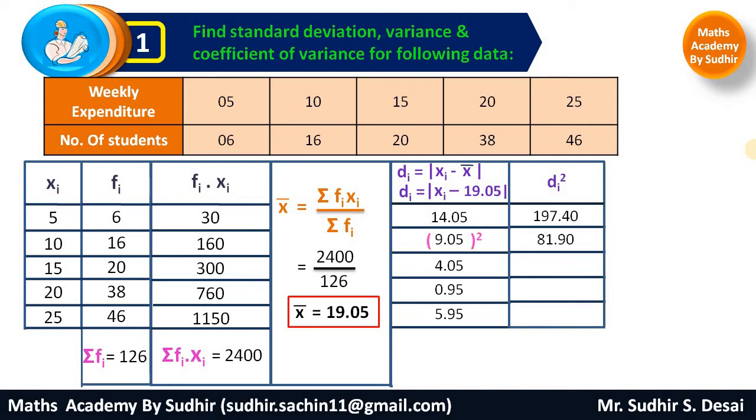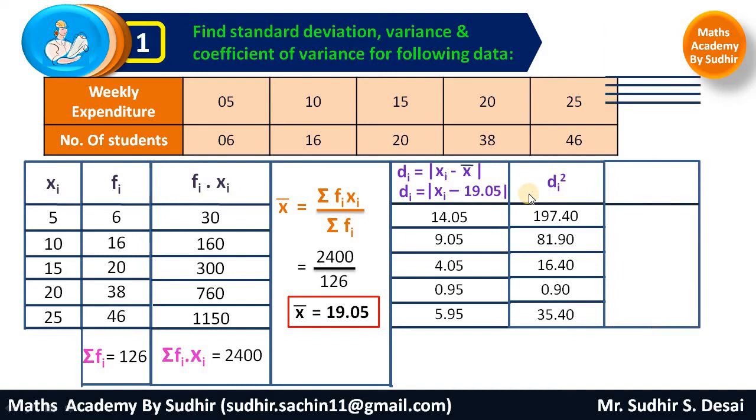Next, di is 9.05. Its square is 81.90. Square of 4.05 is 16.40. Square of 0.95 is 0.90. And square of 5.95 is 35.40. And now the last column is to multiply the frequency with di square.